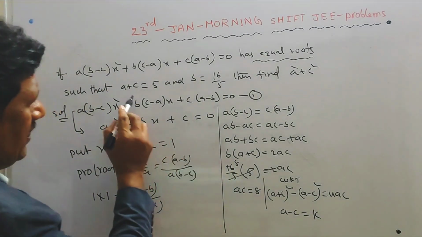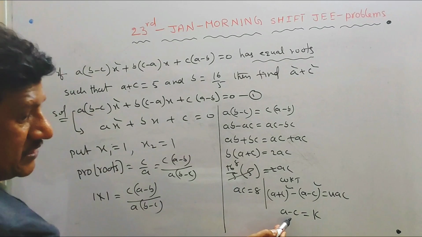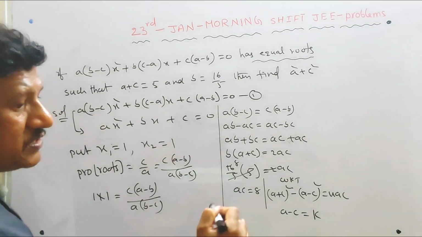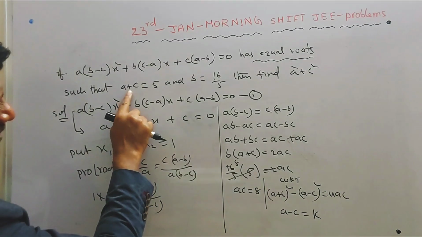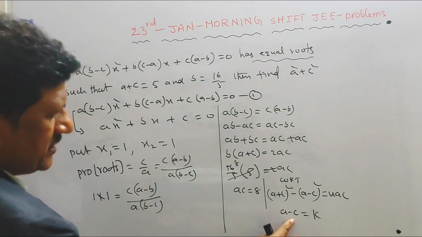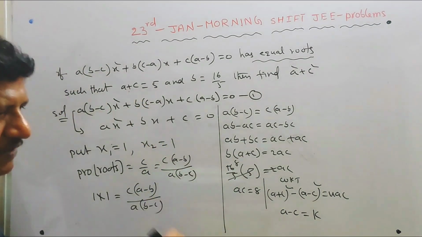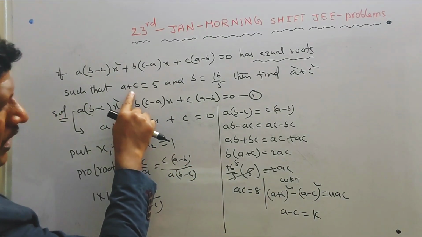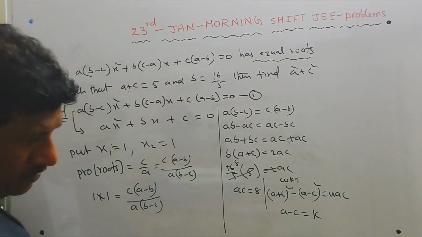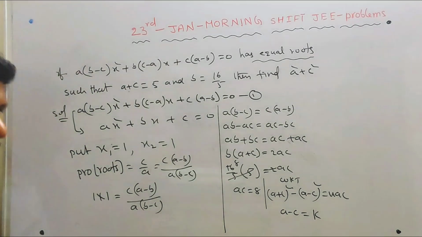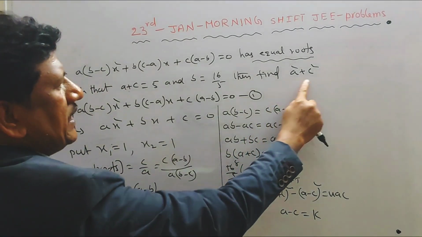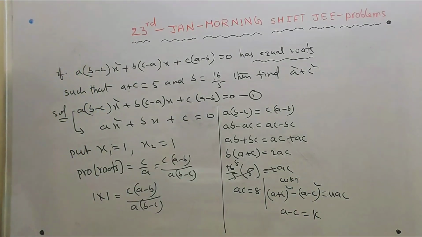Then, with a plus c and a minus c given, if you solve these two equations, you will get the a value and c value. If we add the equations, minus c plus c get cancelled and the a value will come. If you know the a value, substitute it either here or here, you will get the c value also. Use those two values to calculate the value of a square plus c square.